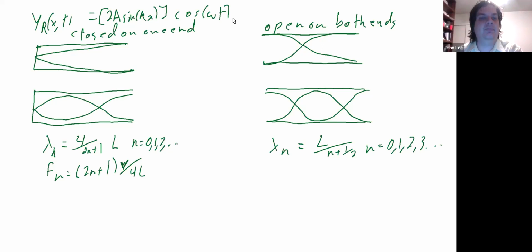That can be if two waves intersect, where one is going one way and the other is going the other, and they both have equal magnitude, then y(x,t) is just going to be a standing sine of kx times cosine omega t. So it just goes up and down, but stays the same in x.